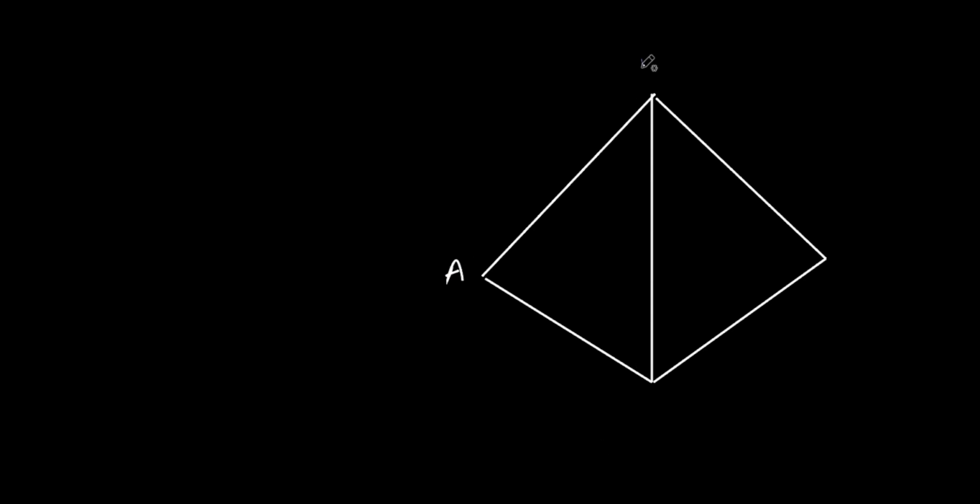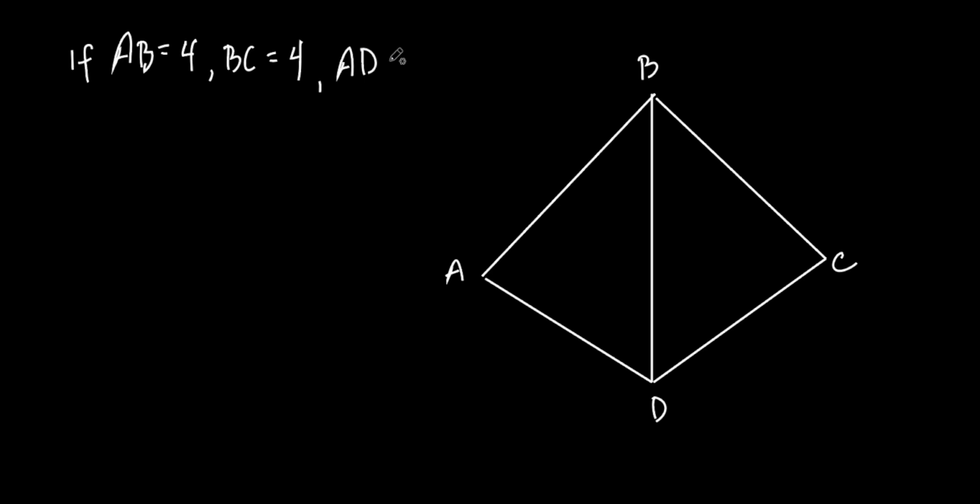So I'm going to call this A, B, C, D. And they're going to say, if AB is equal to, I don't know, 4, and BC is equal to 4, and they tell you that AD is equal to 9, and DC is equal to 6, let's say. The numbers will be different on the quiz, all right, but it's the same idea, all right?